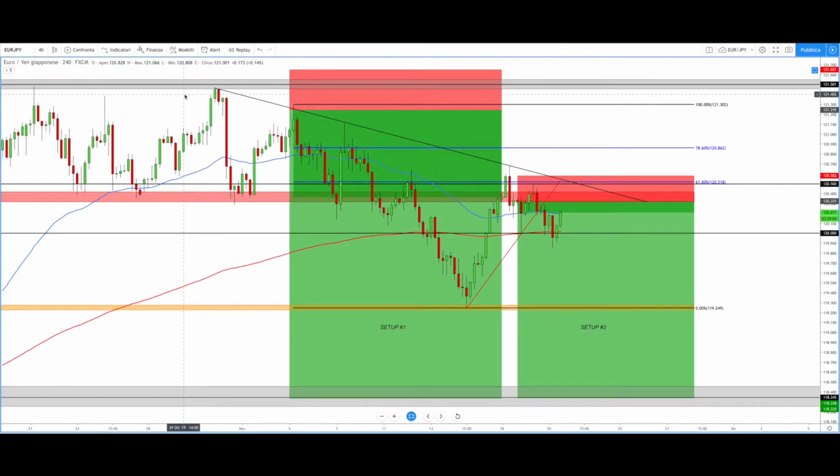Here we are, Euro Japanese Yen, guys. Really a beautiful setup for me, because we have taken a good opportunity on this pair, and we shared this setup also on the free Telegram channel 2 weeks ago. So we are really happy because every time we can make some profit for you, completely free.